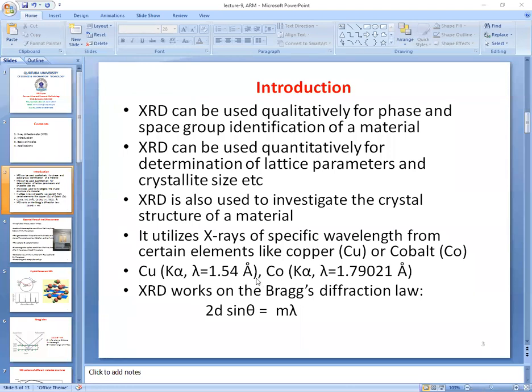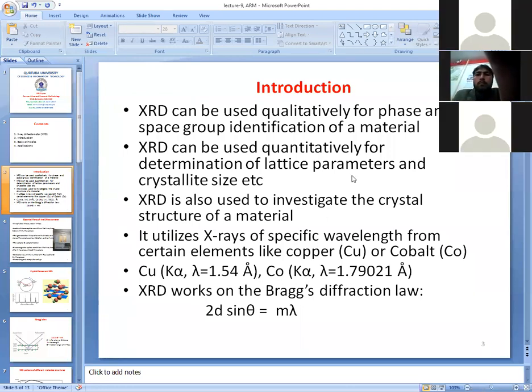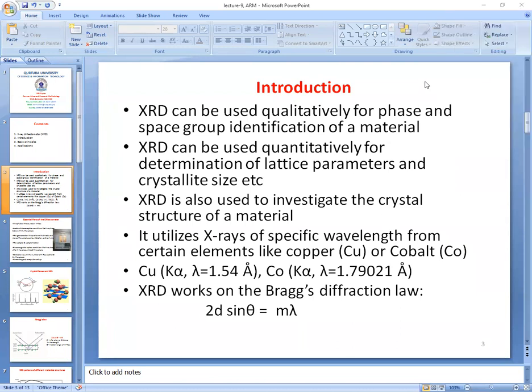Similarly, the K characteristic X-rays for cobalt are of the order of 1.79 Angstrom. Similarly, we can use the X-rays from molybdenum, from iron, and from other metals.